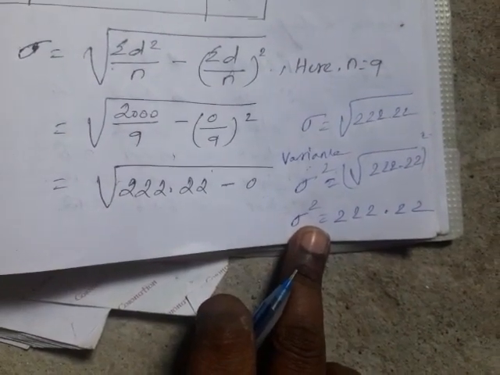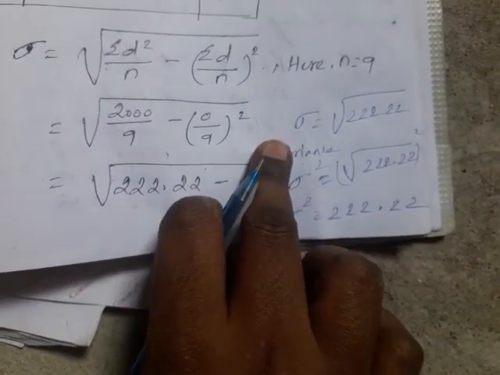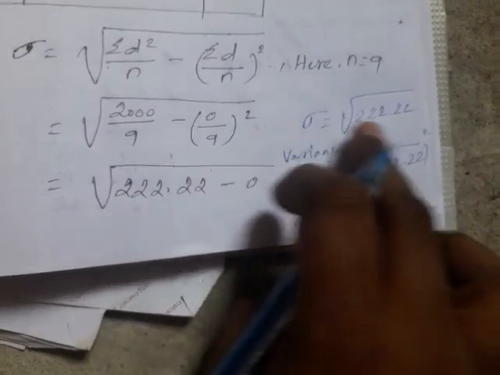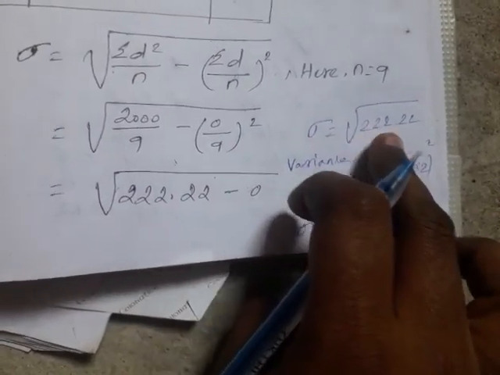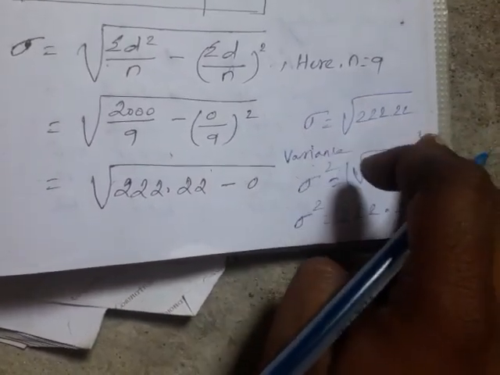Next we are going to find the sigma value, which is root of 222.22. Using the long division method you will find the approximate value.